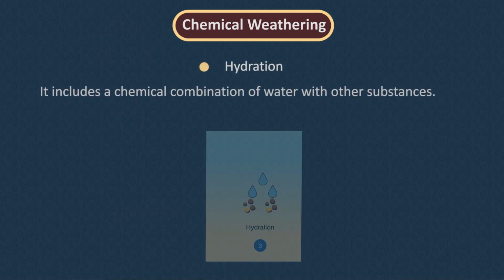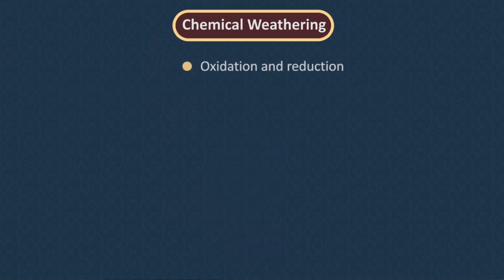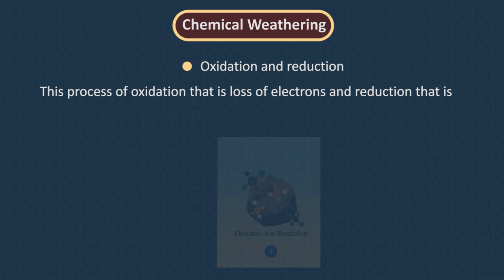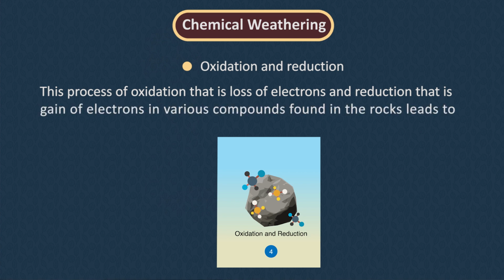Next is hydration. It includes a chemical combination of water with other substances. Oxidation and reduction. This process of oxidation, that is loss of electrons, and reduction, that is gain of electrons, in various compounds found in the rocks, leads to weathering.